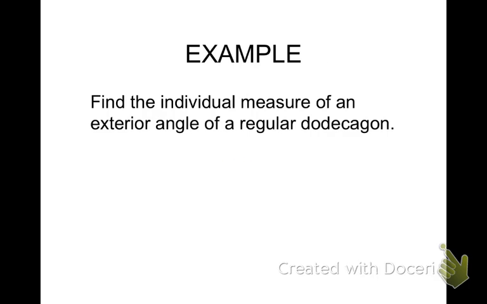So find the individual measure of an exterior angle of a regular dodecagon. How many sides does dodeca have? Well, deca is 10, so dodeca would be 12. Good. So dodecagon means we have 12. So the individual measure of an exterior. I see the exterior, so right away I'm thinking it's 360, but I want the individual.